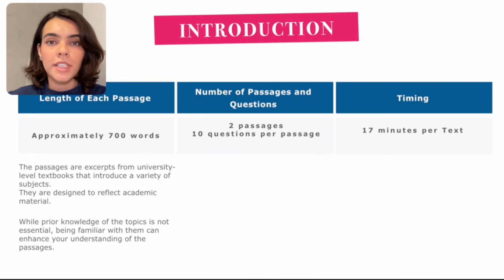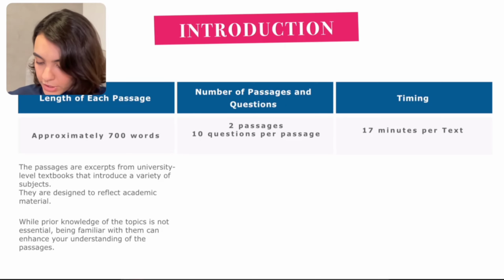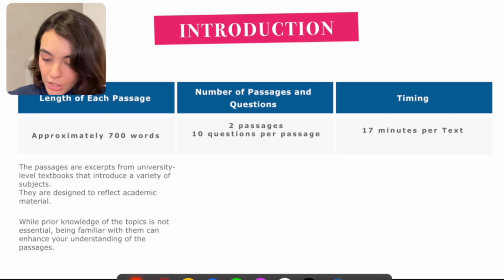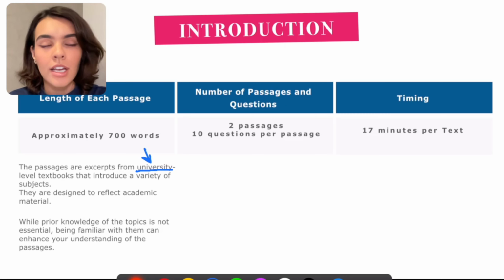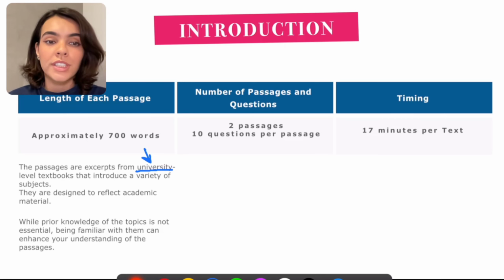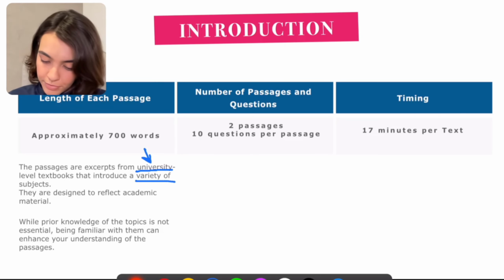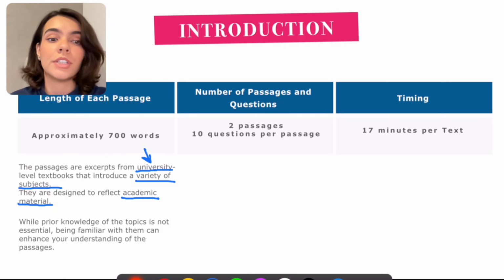Now let's talk a little bit about what is in those passages. What composes those passages? So the passages come from university textbook materials, okay? Remember, the TOEFL is an academic test, so they will be testing your ability to read academic texts. It covers a variety of subjects, and they are designed to reflect, as I just said, academic material.